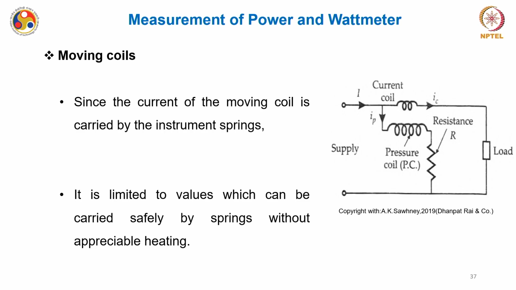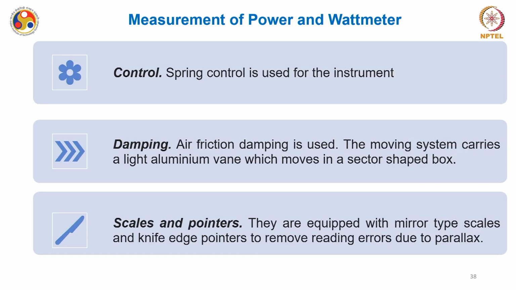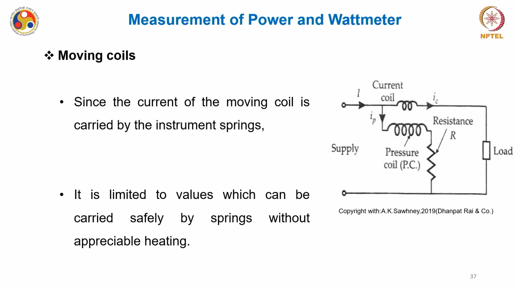If it is heated, it can break also, because phosphor bronze doesn't have that much strength. So the spring control is the carrier for the current, and that's why the current is limited to around 100 milliamp or so in the moving system.